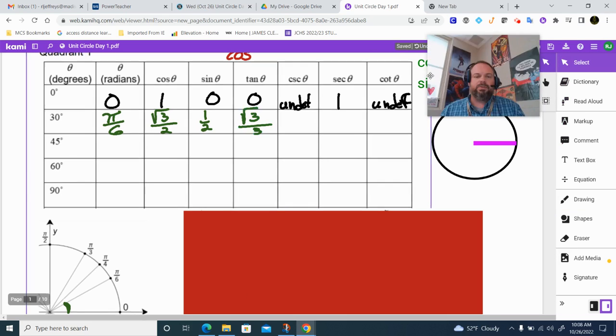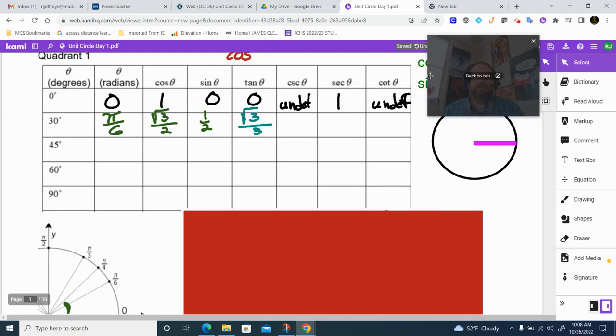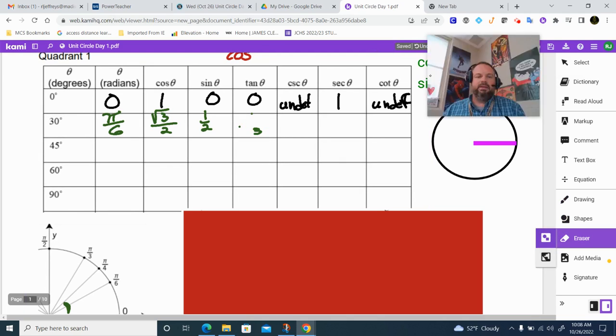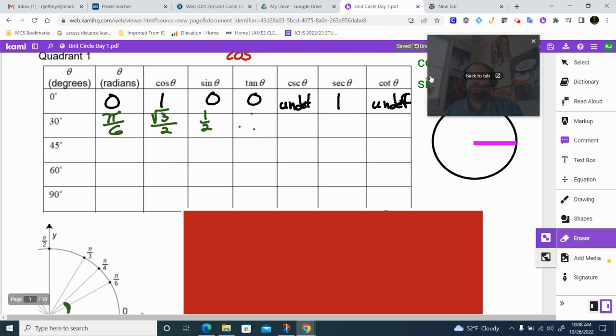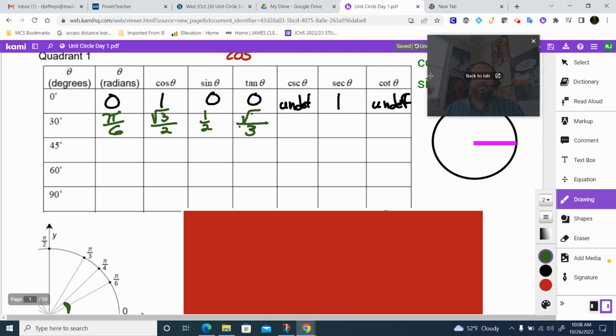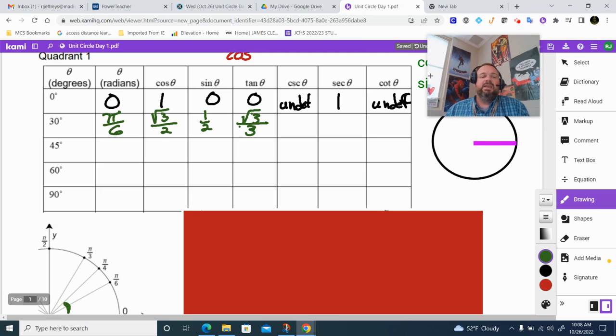But it's root 3 over 3. Yeah, it's kind of weird. All right. Now, the reciprocal of cosine is secant. This is another one I can show you the math later. This is 2 root 3 over 3.